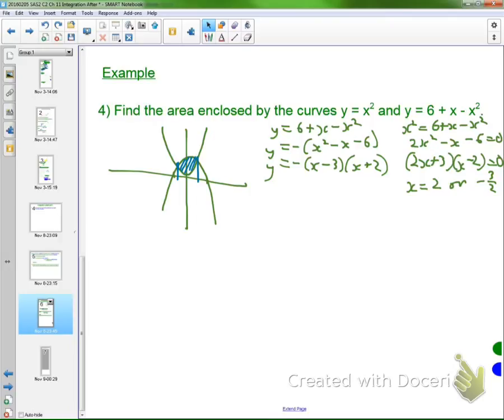So now we can integrate. We want to go between negative 3 over 2 and 2, and we want to find the difference between the two functions.